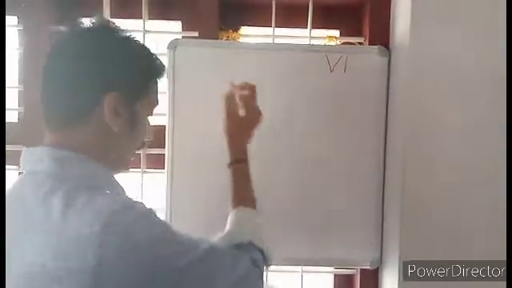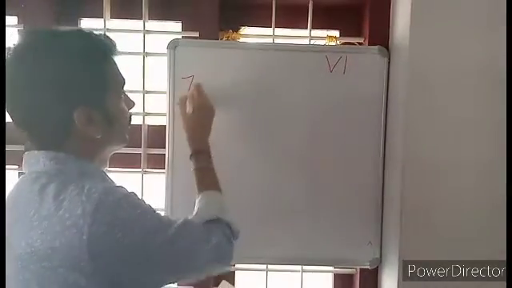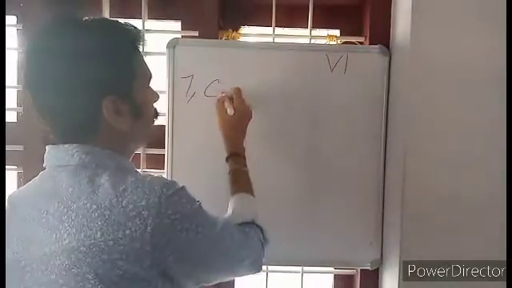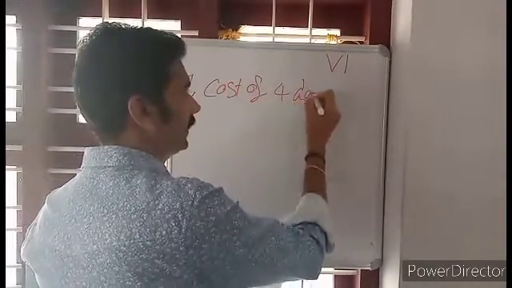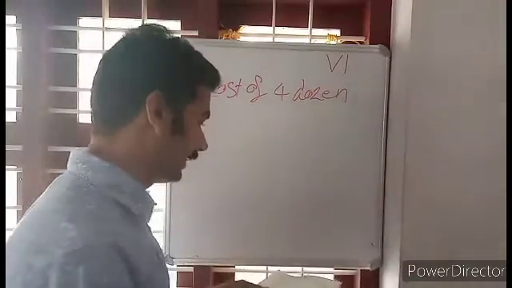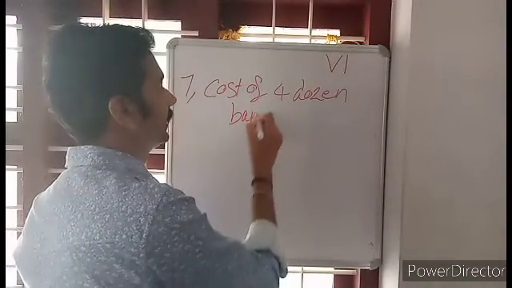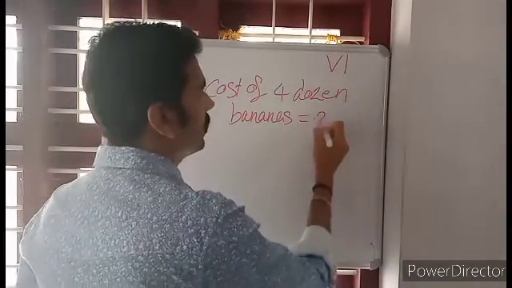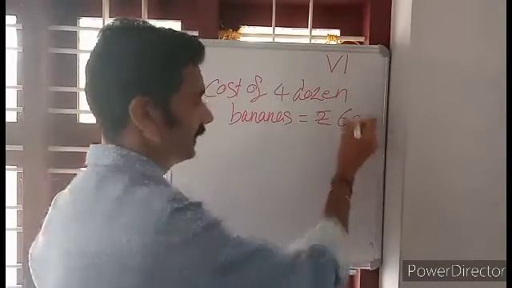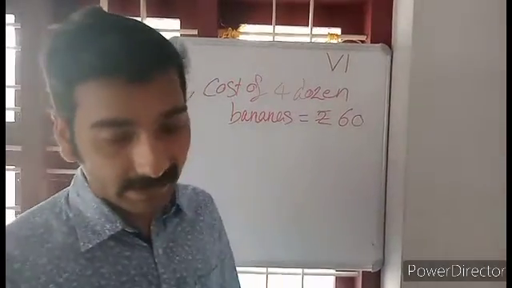First we write, this is the 7th question. Cost of 4 dozen bananas is rupees 60.